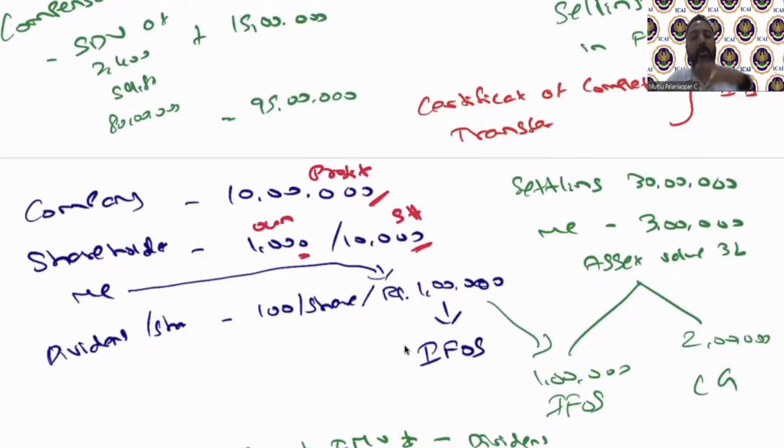I own 1,000 shares, total shares is 10,000. So 1,000 divided by 10,000, 10% is my proportion of shareholding. So out of 10 lakhs, I'll be eligible for 1 lakh.